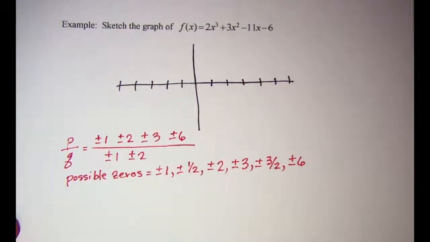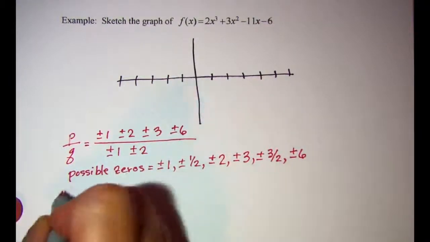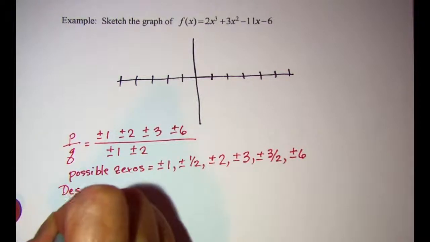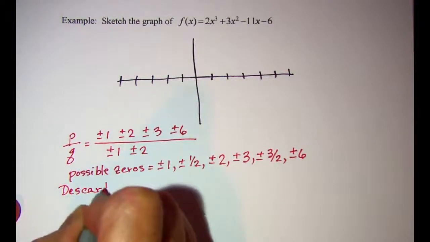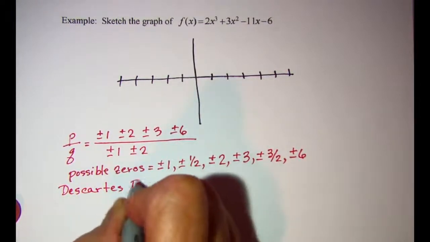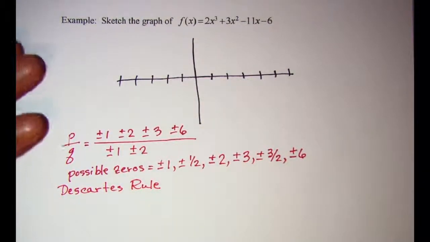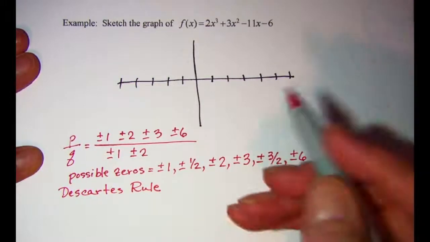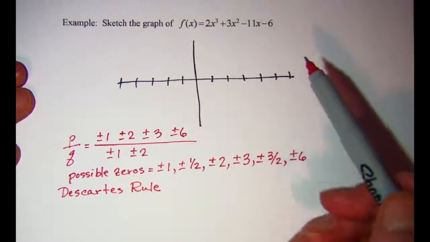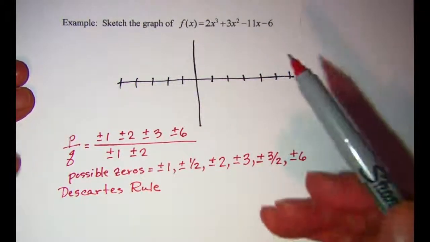I'm also going to use Descartes' rule of signs to figure out how many positive and how many negative zeros.